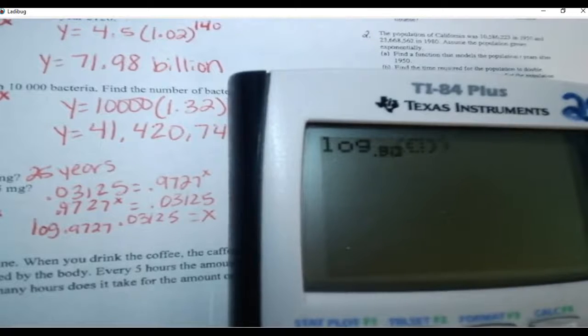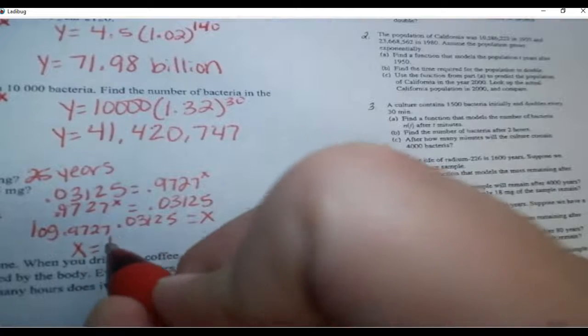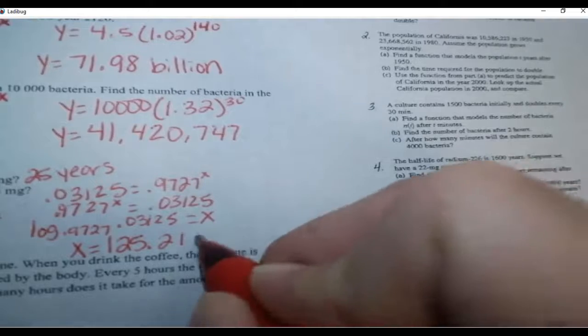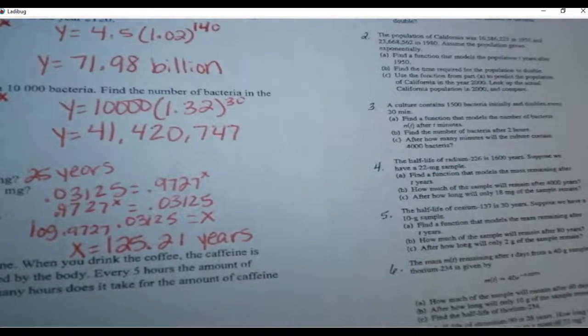So log base 0.9727 of 0.03125. And so we get about 125.2 years. Questions?